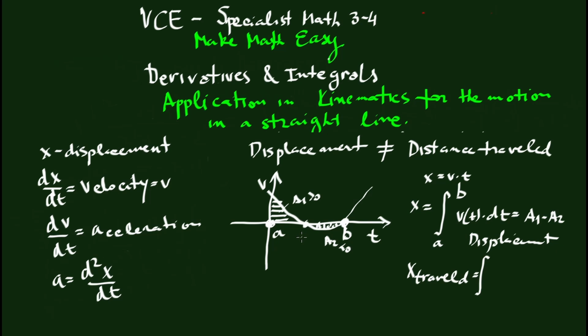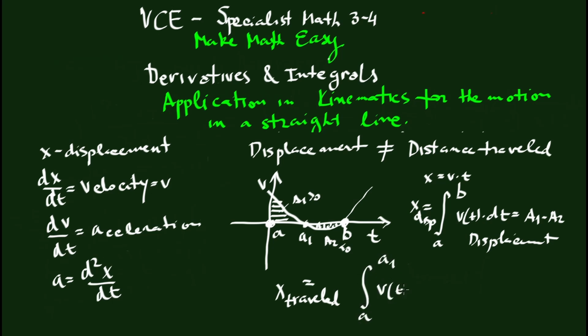So here you will have a point A1, so x traveled is the integral from A to A1 of v of t dt, plus the absolute value of the integral from A1 to B of v of t dt, so that the distance traveled is a much greater number.